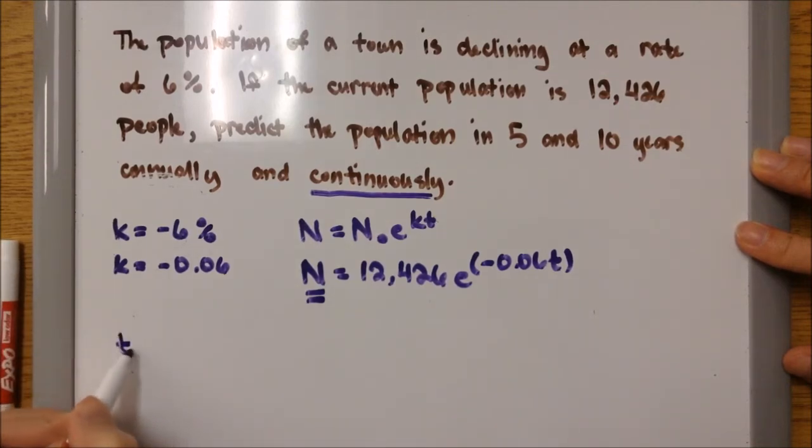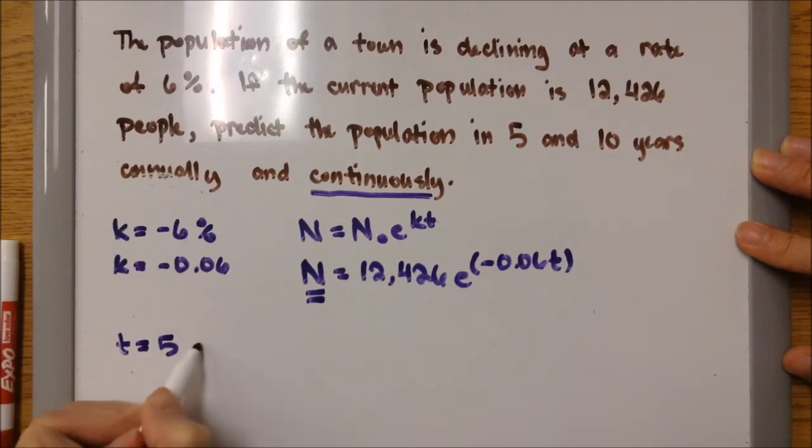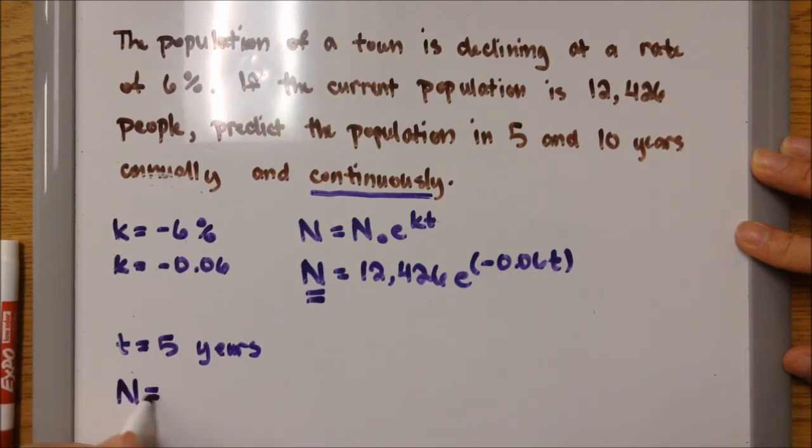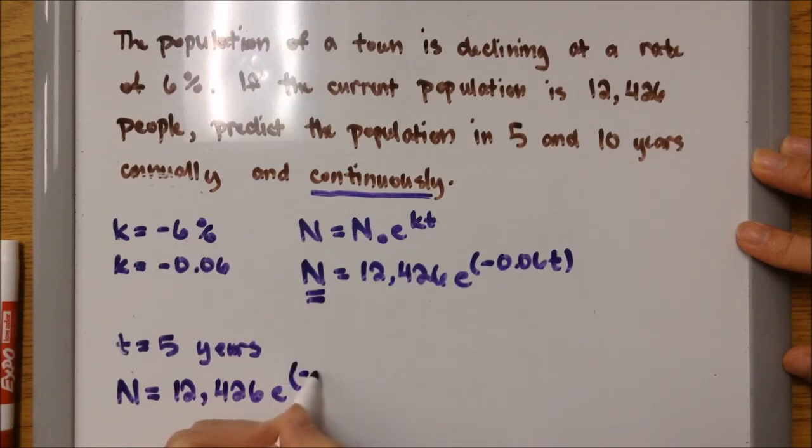So if t is 5 years, then our model, also known as the formula, is N equals 12,426 times the e function to the power of negative 0.06 times 5, close parenthesis.